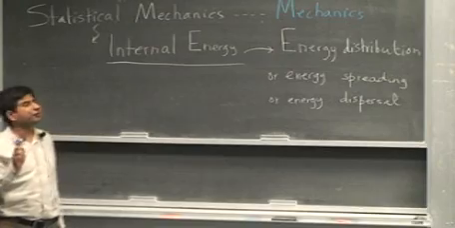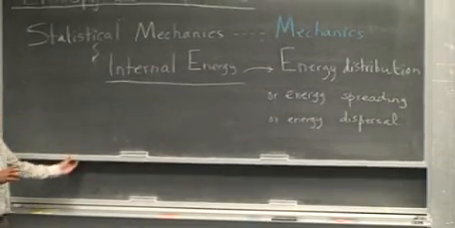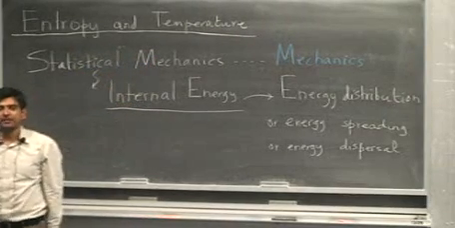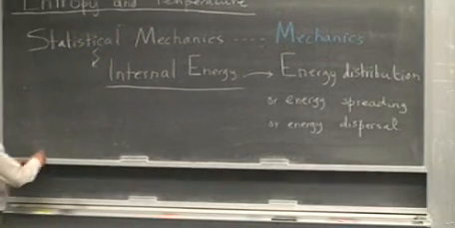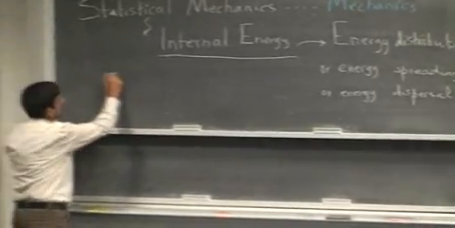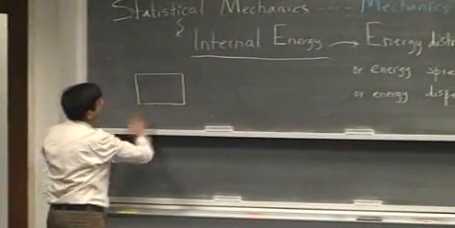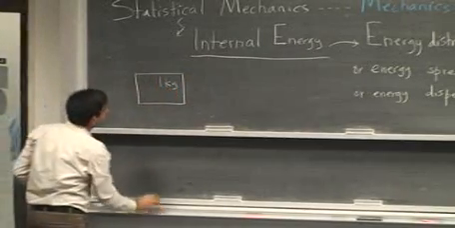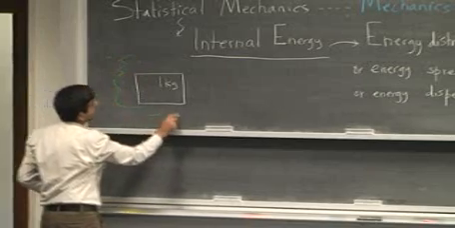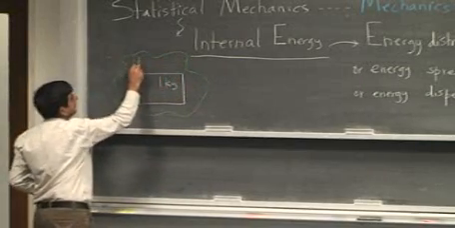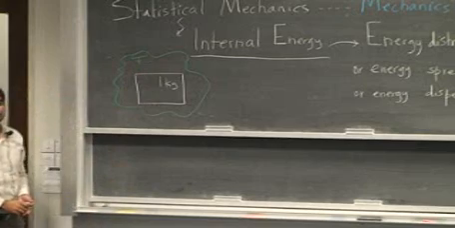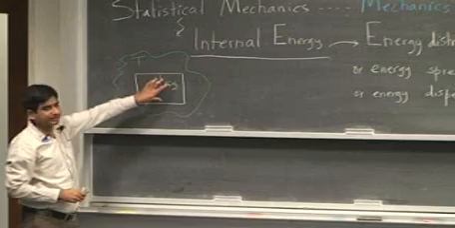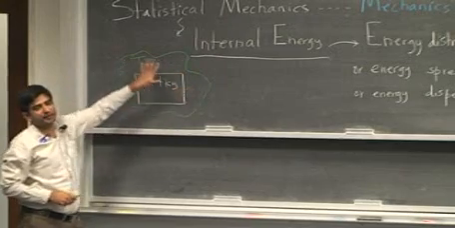Alright, before we move on to investigating the relationship between entropy and temperature, a few appetizer questions. The first question is, I have a mass of copper which is 1 kilogram, and this is placed in surroundings which have a temperature capital T. And this object, this system, is in equilibrium with its surroundings.